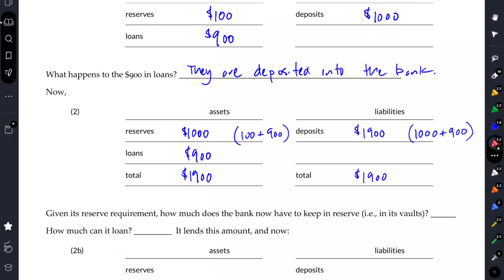All right. Now, this value over here has gone up to $1,900, and this value here has also gone up to $1,000, but the bank only has to keep 10% of the $1,900 in reserve. So how much does the bank have to keep in reserve? 10% of $1,900, $190. It has $1,000 held in reserve, so it can loan $810.